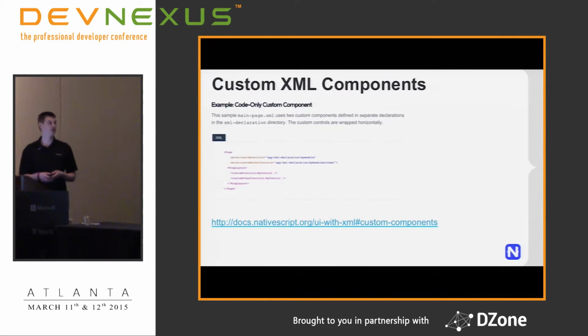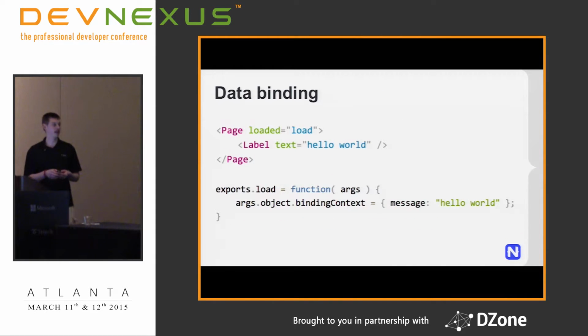And it means that you can also create and register your own components for use in XML. So if you find one of these tags that you want to use as part of your app that NativeScript doesn't yet have an implementation for, you can go in, create an implementation using the NativeScript runtime, and have a tag that you can use as part of your UI. The other thing cool about the NativeScript XML structure is that you can use data binding as part of it.